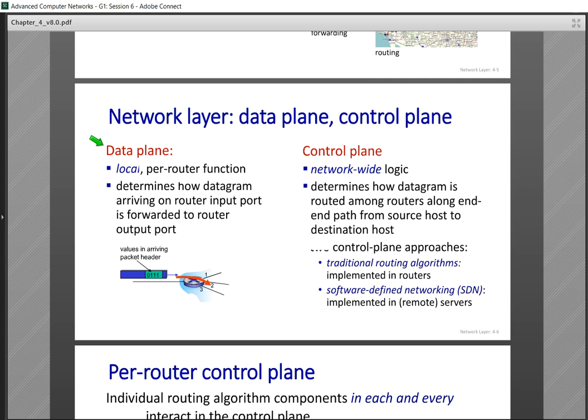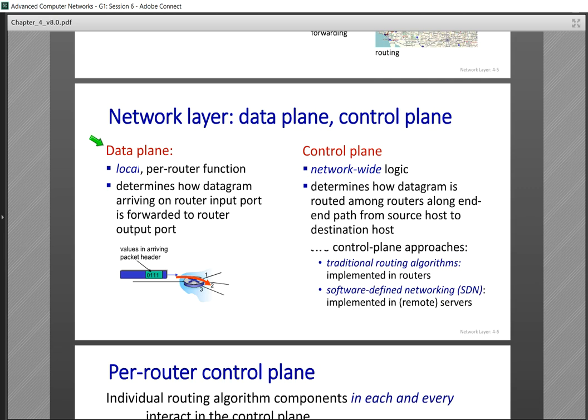Okay. This is data plane. How we should handle an arrived datagram. Finding a path from the input port toward the output port. This is data plane.